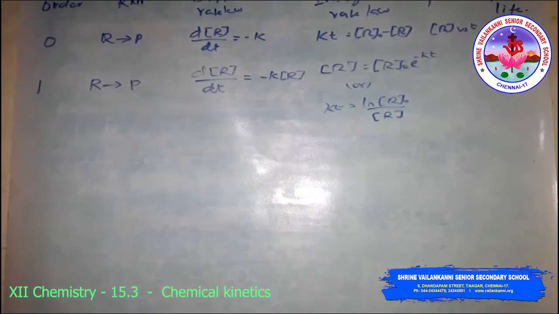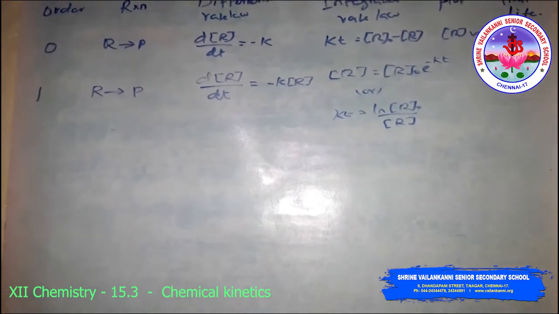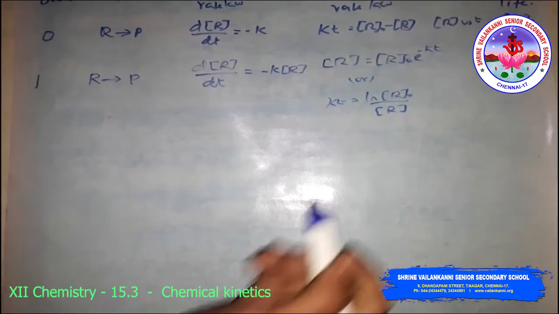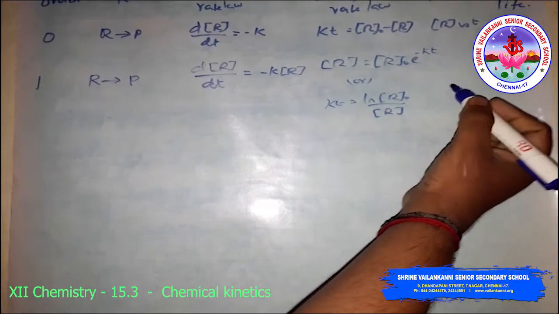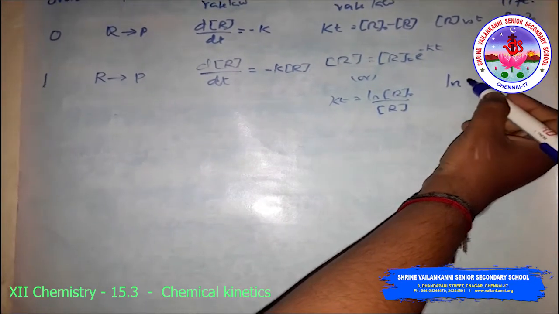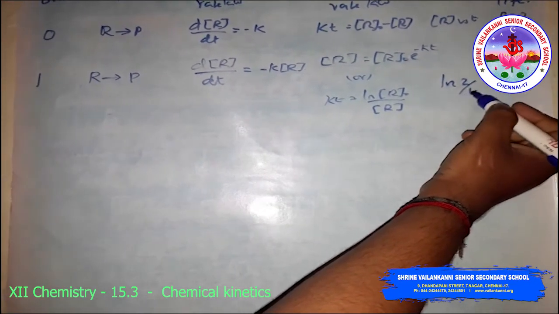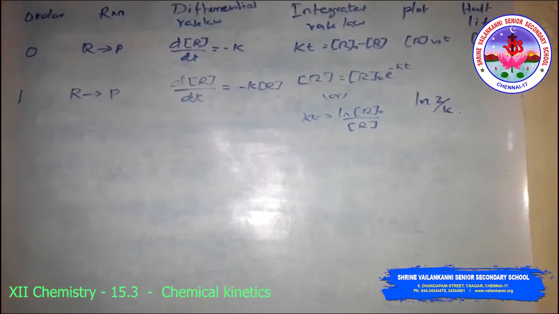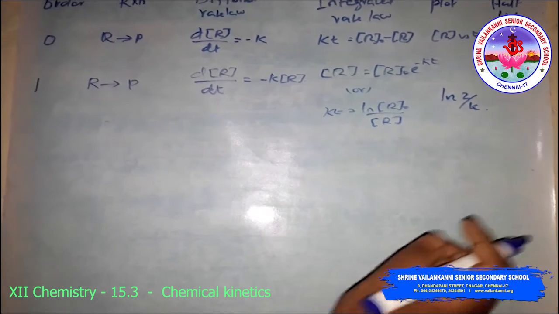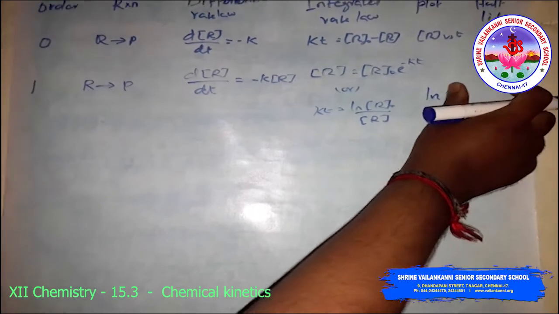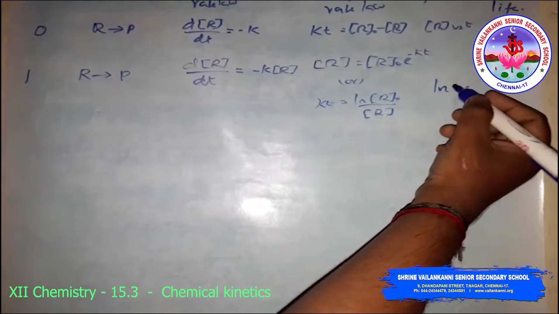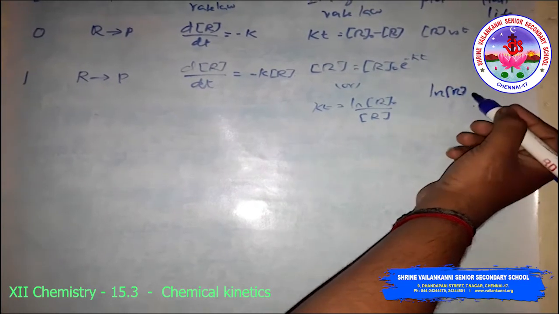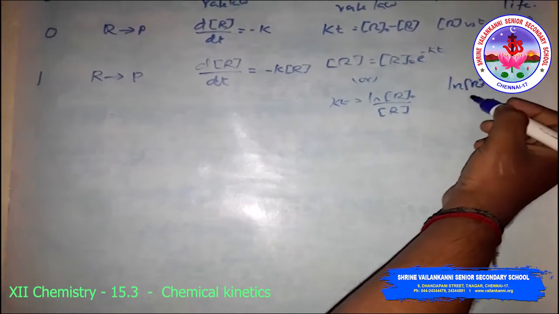This is also a correct method. The straight line plot is ln [R] versus t.